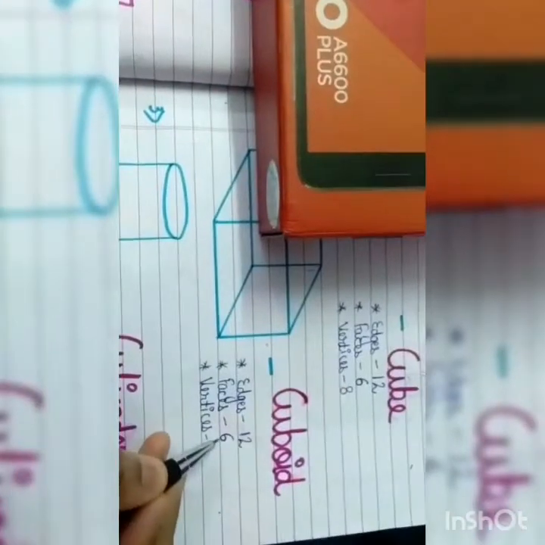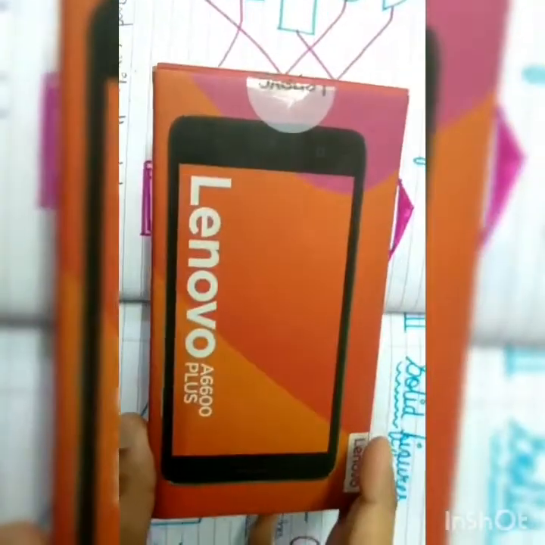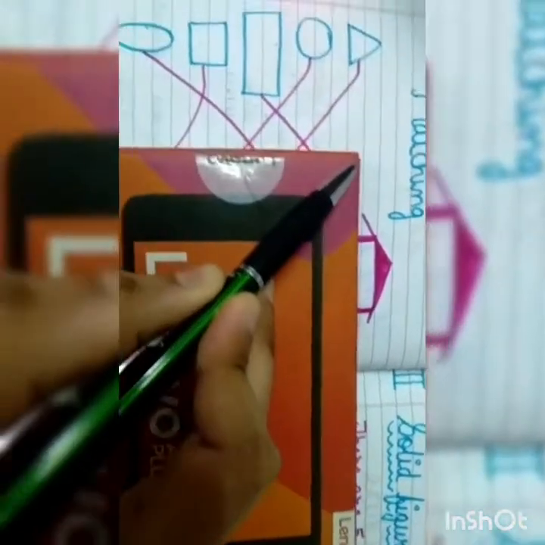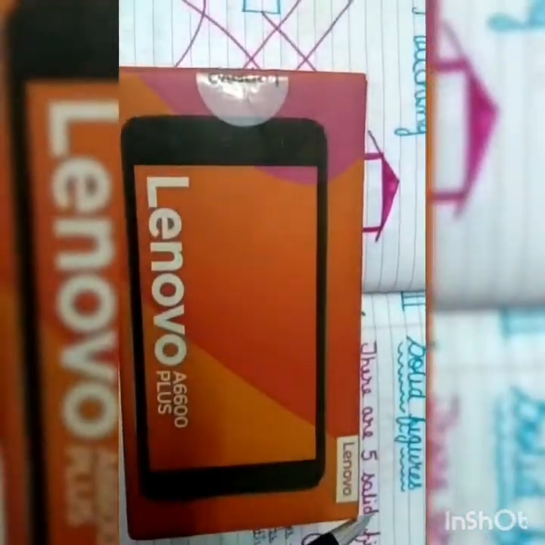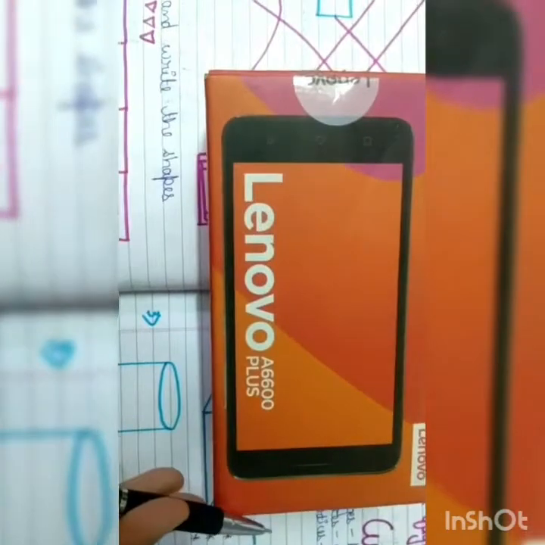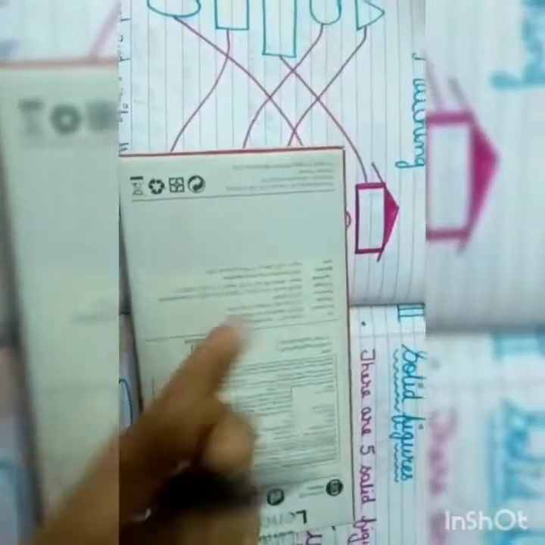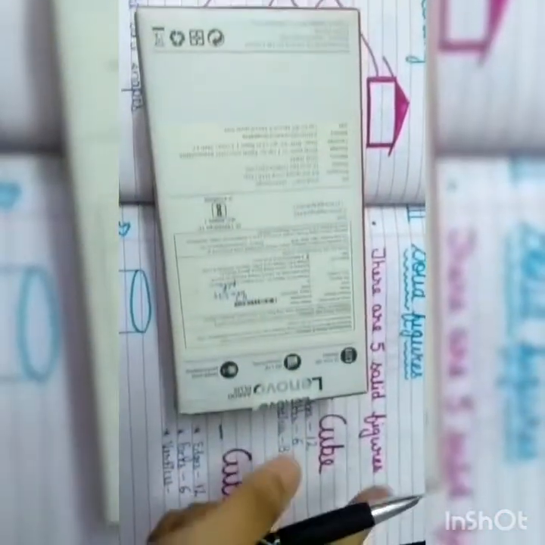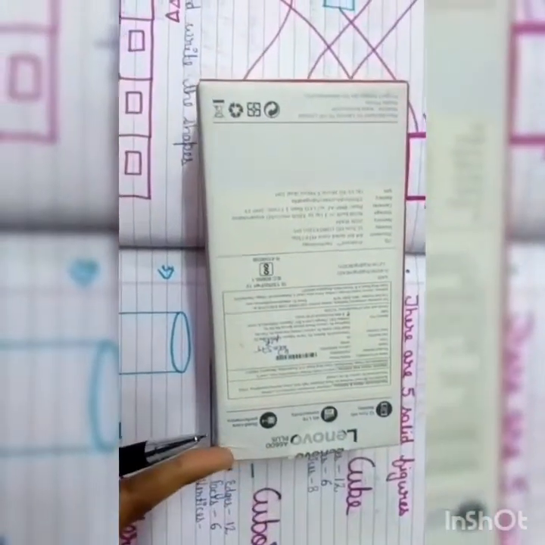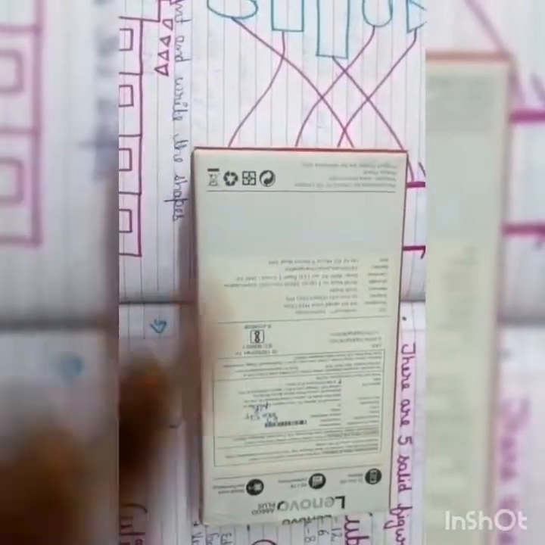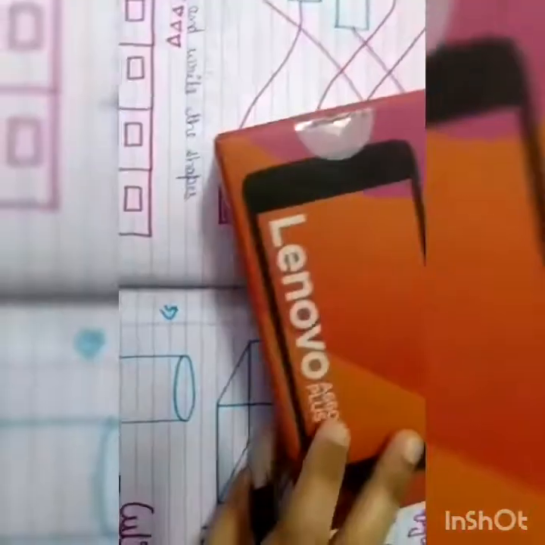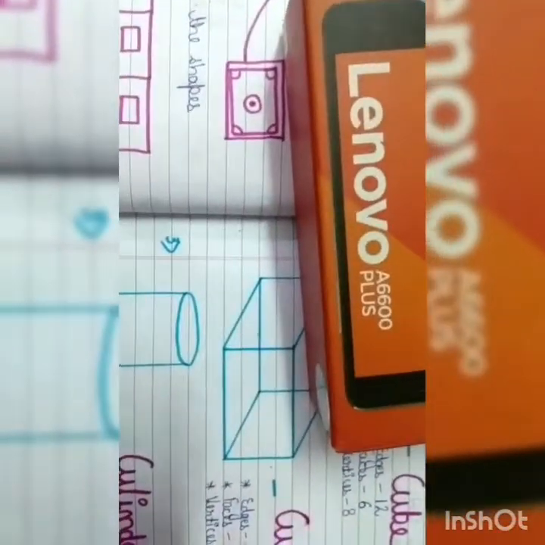Okay students. Now let's count the vertices. 1, 2, 3, 4, 5, 6, 7, 8. So cuboid also has 8 vertices.